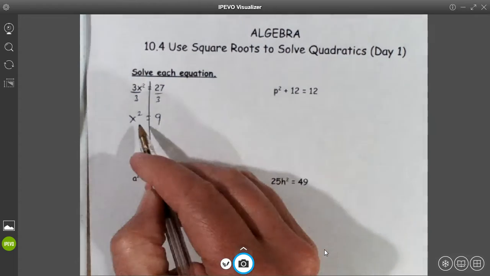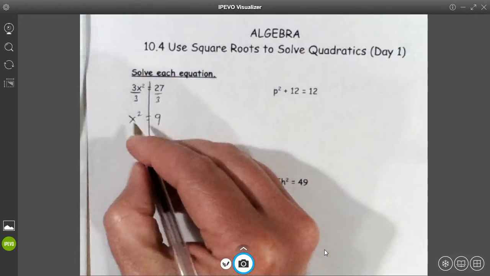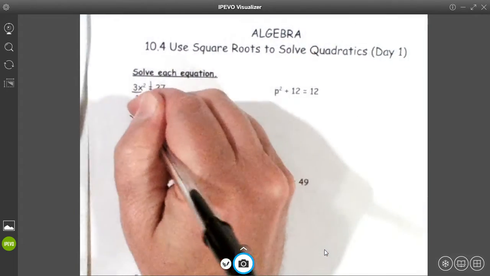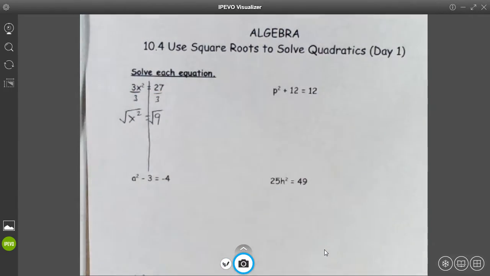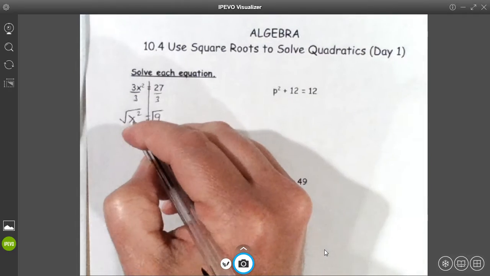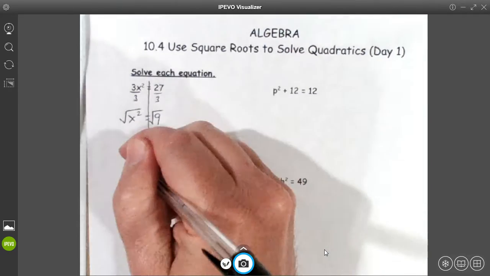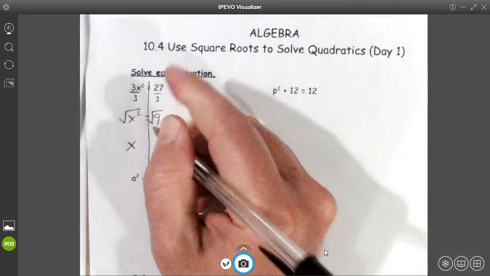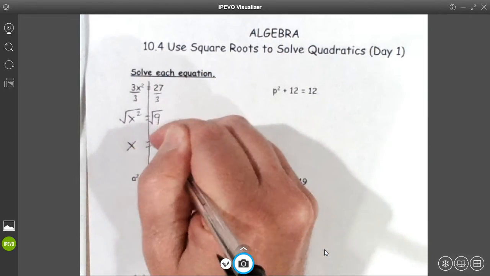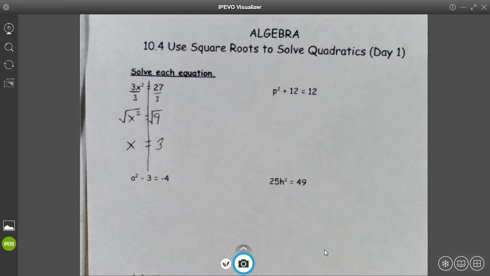The opposite of squaring is square rooting. And that's perfectly okay as long as I do it to both sides. So the square root of x squared is x, and now I get x equals 3.